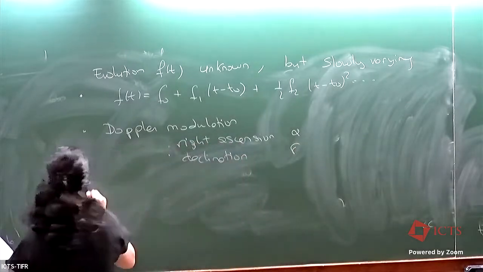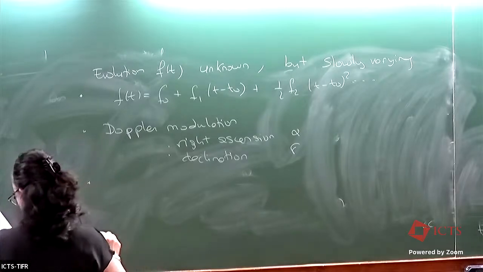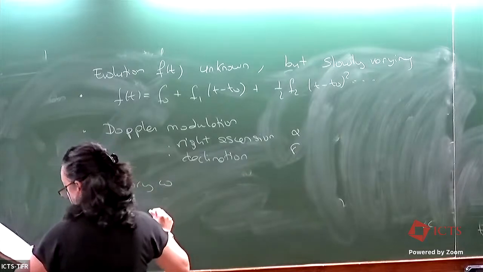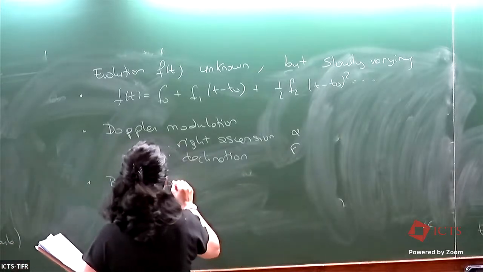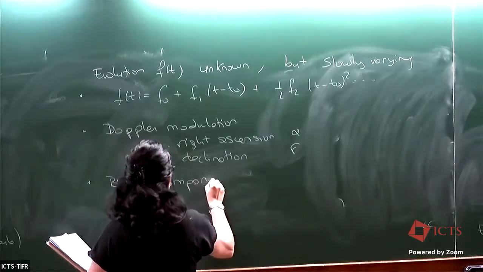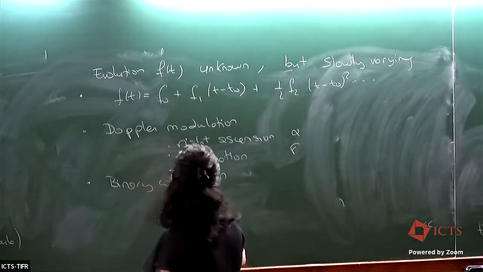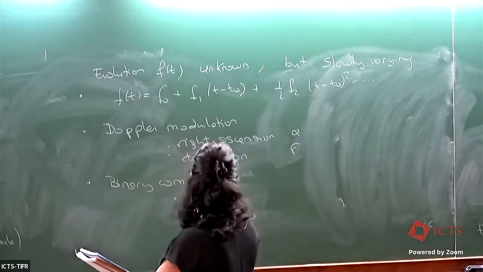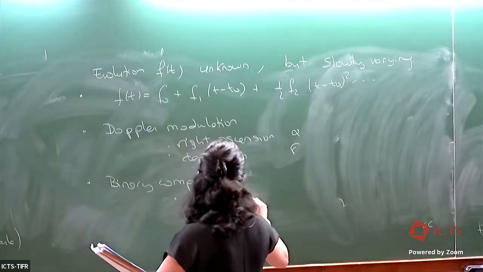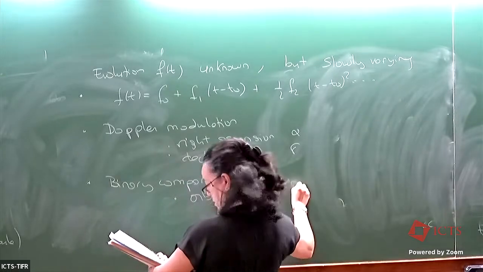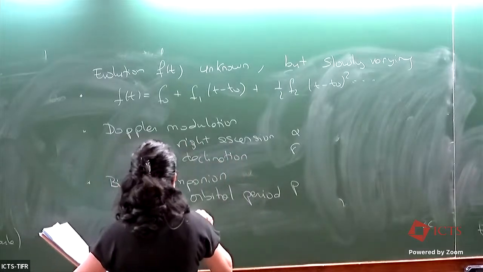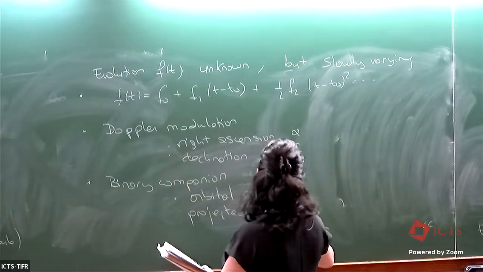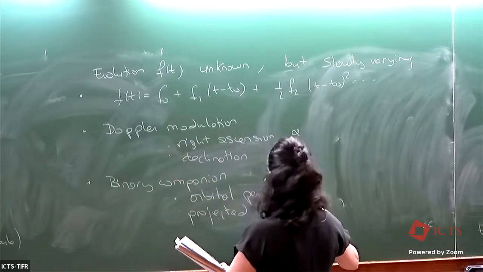And then we can make our problem more complicated if our neutron star has a companion in a binary. Then more parameters on which the signal will depend are going to be the orbital period, the projected semi-major axis.